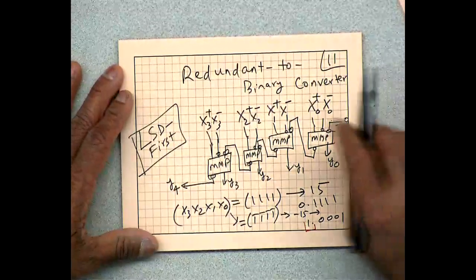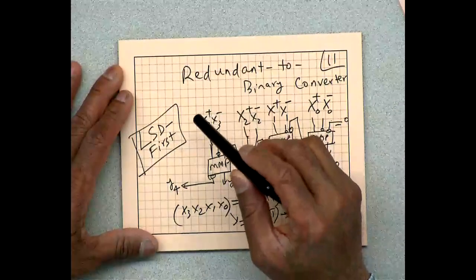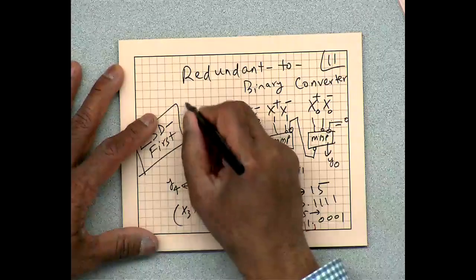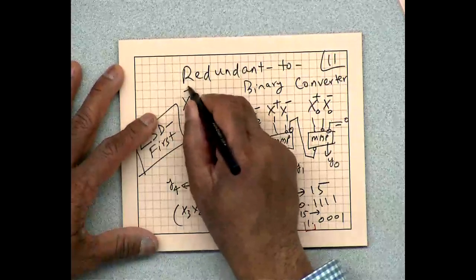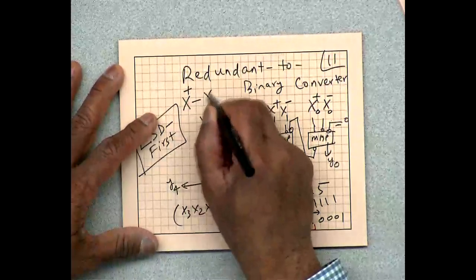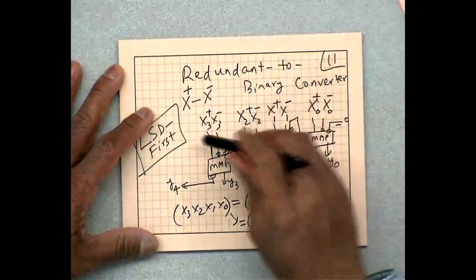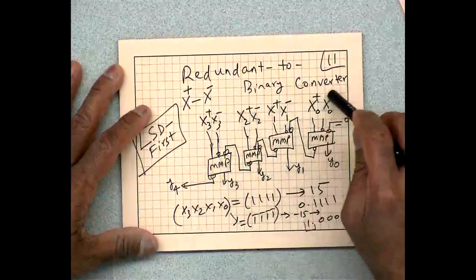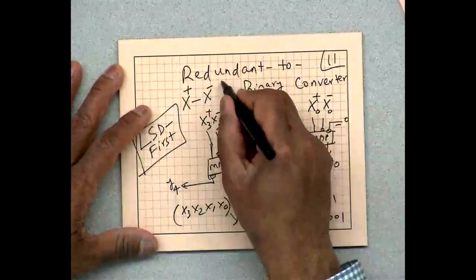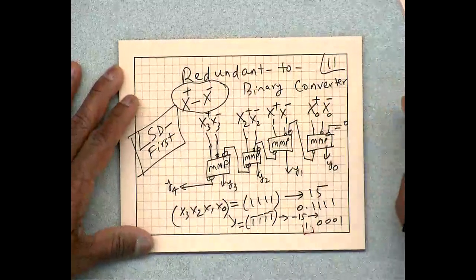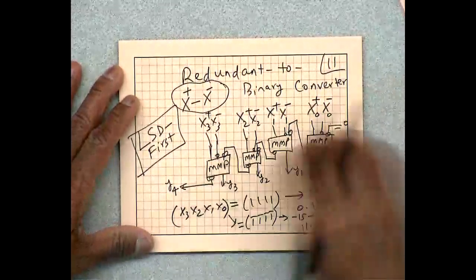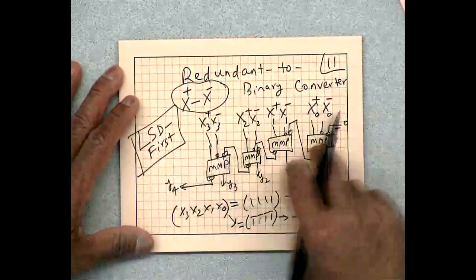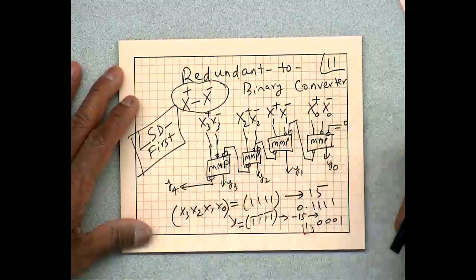If you think about all the positively weighted bits, x3 plus, x2 plus, x1 plus, x0 plus, and call that x plus, this conversion problem is really the subtraction of x plus, all the positive bits, minus all the negative bits, x3 minus, x2 minus, x1 minus, x0 minus. That's what I'm computing here, x plus minus x minus. And instead of using full adders, this is a carry ripple converter.